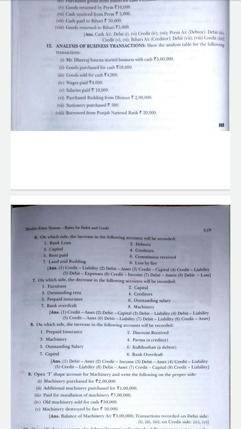Okay, in the illustration sums there are 2 to 3 problems, no? Before starting the problems, first put the heading double entry system and write the rules. First you have to write the rules for each type of account. Personal account has 3 types: natural personal account, artificial, and representative. In natural personal account write examples, it's enough.